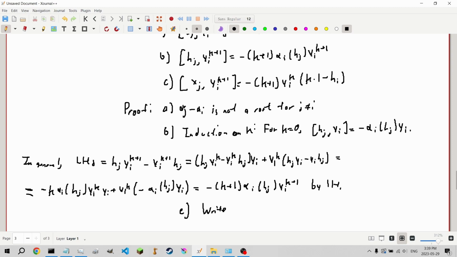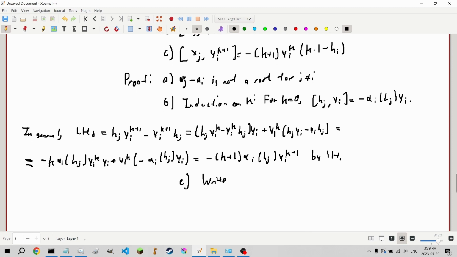For part C of our lemma, I'm going to go ahead and write this up. I'm going to learn from my mistake with the last one. I'll write this on a new line. Xi times yi to the k plus 1.